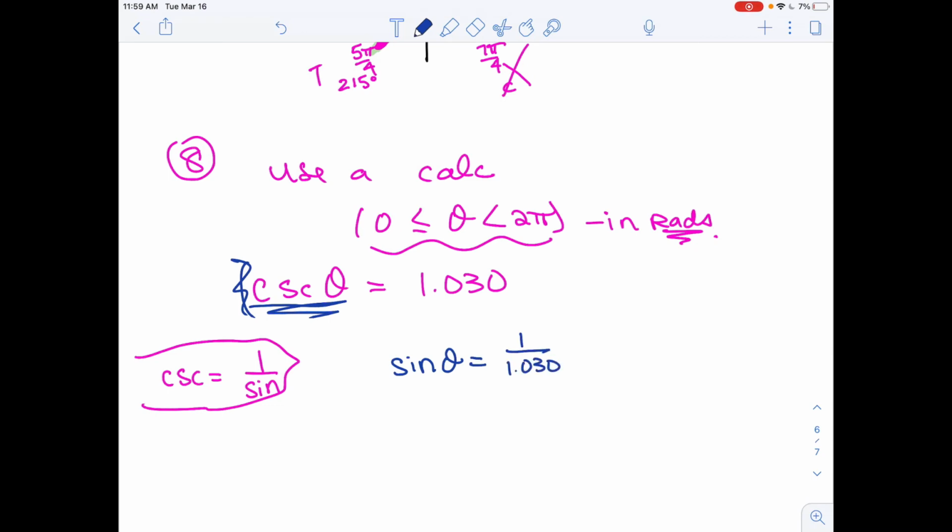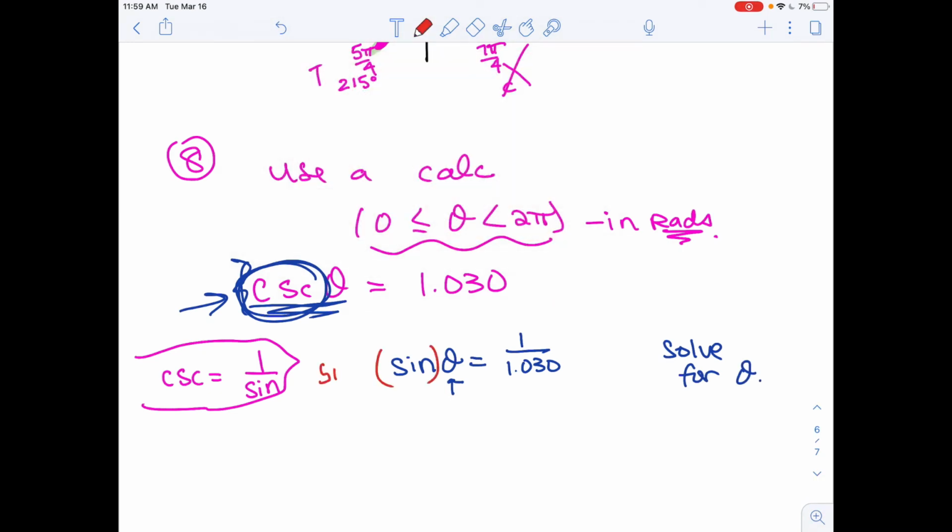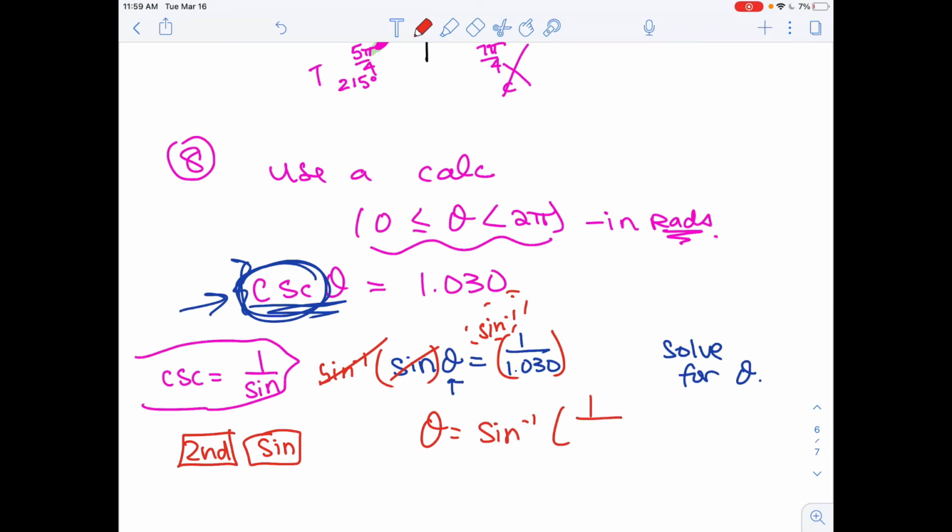We don't have a key in our function to find an inverse cosecant, but in order to solve for theta, we're going to do the opposite of sine, which is the inverse sine. So in your calculator, you're going to hit the second key and the sine key, and that is how we do the inverse sine. So we say theta equals the inverse sine of 1 over 1.030.